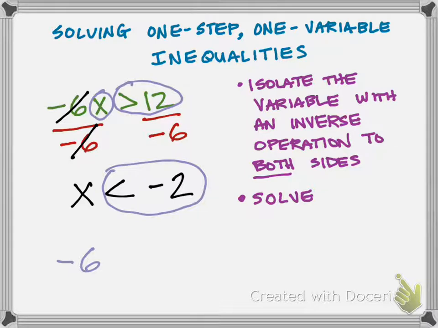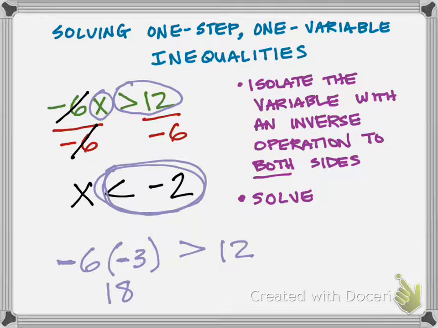So let's see, -3 would be less than -2. So I've chosen -3: is -6 times -3 greater than 12? Well, I know that a negative times a negative is a positive. So 6 times 3 would be 18. And is 18 greater than 12? Yes, it is. So any number I choose, again, less than -2, will work.